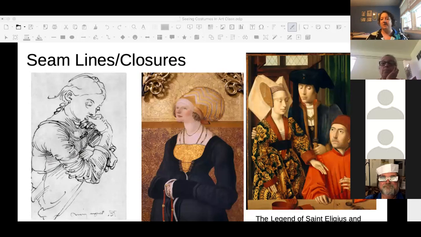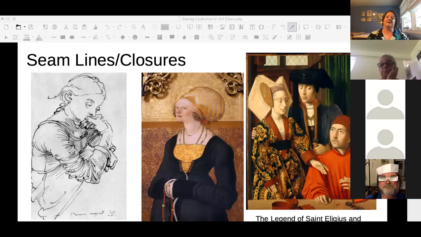Usually that's in portraits. They'll paint in either seam lines or a shadow where fabrics come together. Often that also implies a velvet fabric or something with a pile, if you can see that seam line shadow, because if anyone's ever sewn velvet, there's no way to get it to perfectly meld back together.